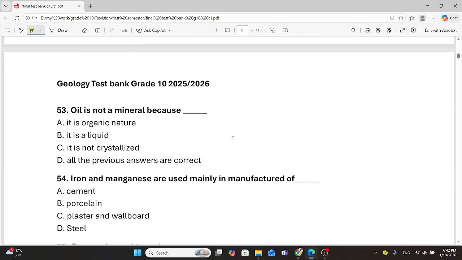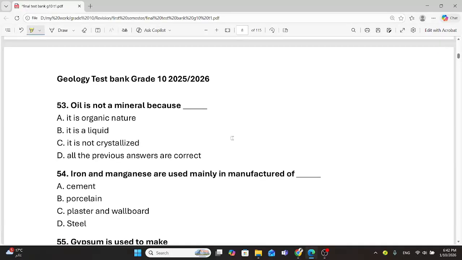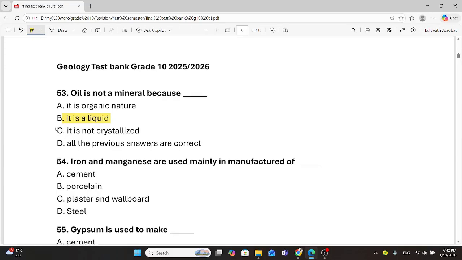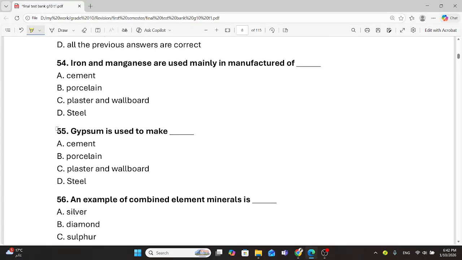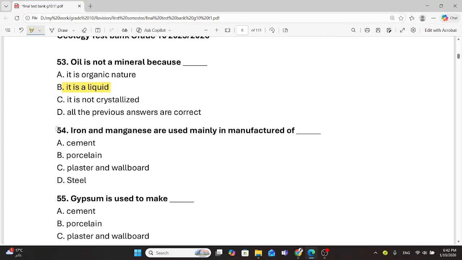So, oil isn't a mineral because it is liquid. It is organic matter. It is not crystallized. يبقى all previous answers are correct.